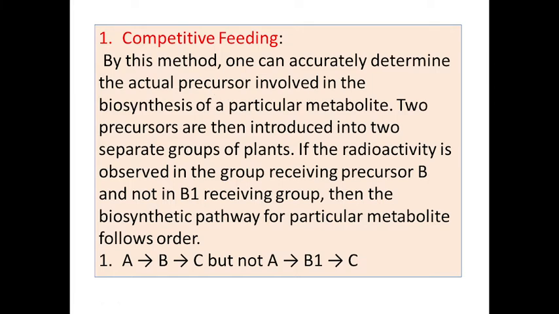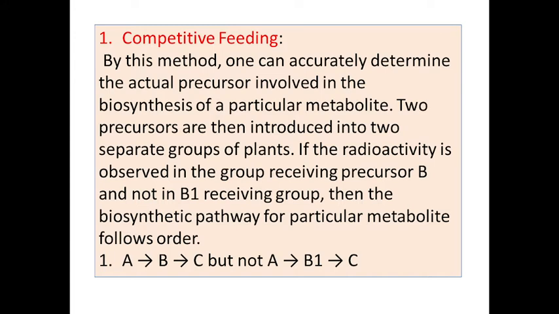Two precursors are then introduced into two separate groups of plants. So two separate groups of plants are selected, and in one group one precursor is inserted, whereas in another group another precursor is inserted, and the radioactivity is observed in the receiving group. For example, there are two precursors. First one is B and second one is B1 or B dash.